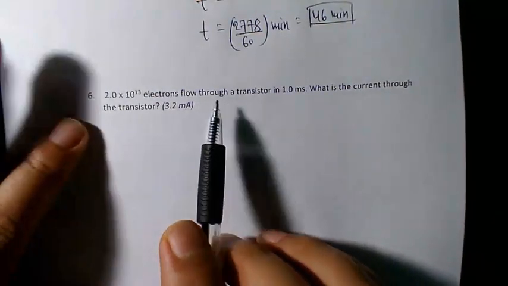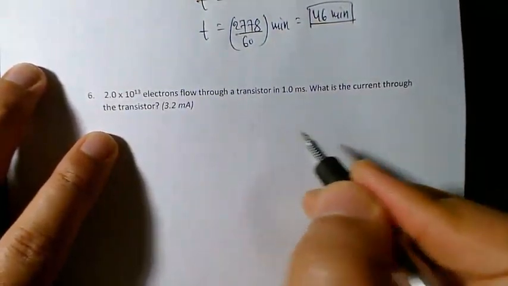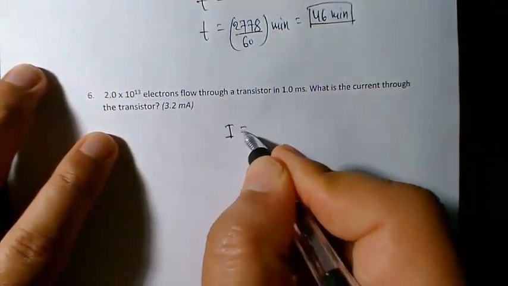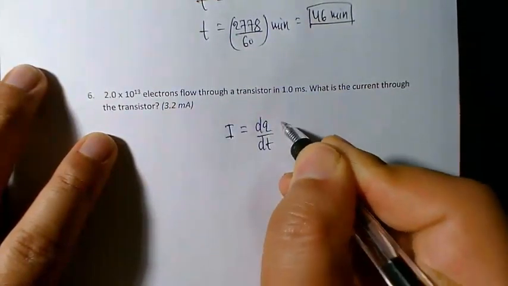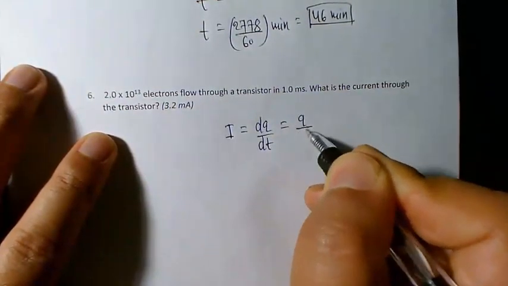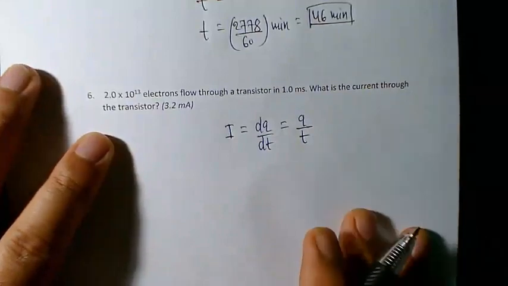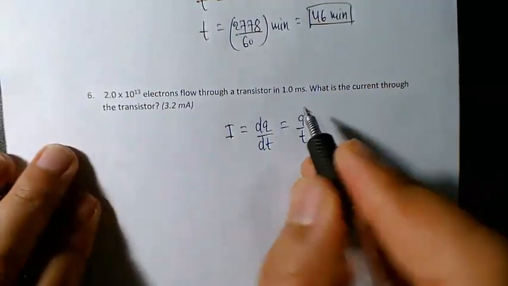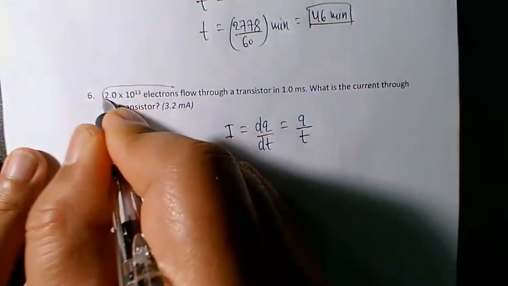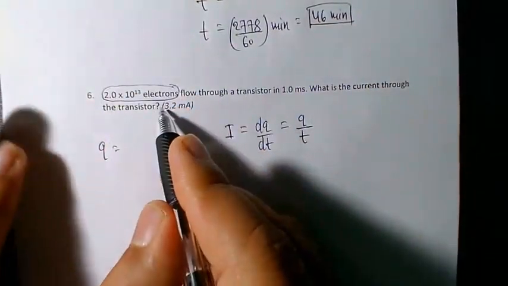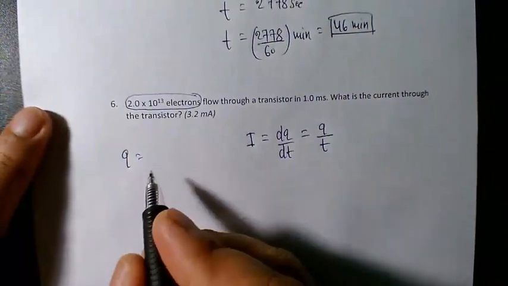It's really easy actually. First, it's asking for current, right? So current by definition is dq over dt. It's the rate of flow of charge, which is also called total charge divided by total time. So first you need to figure out the total charge of that many electrons. What would be the total charge?